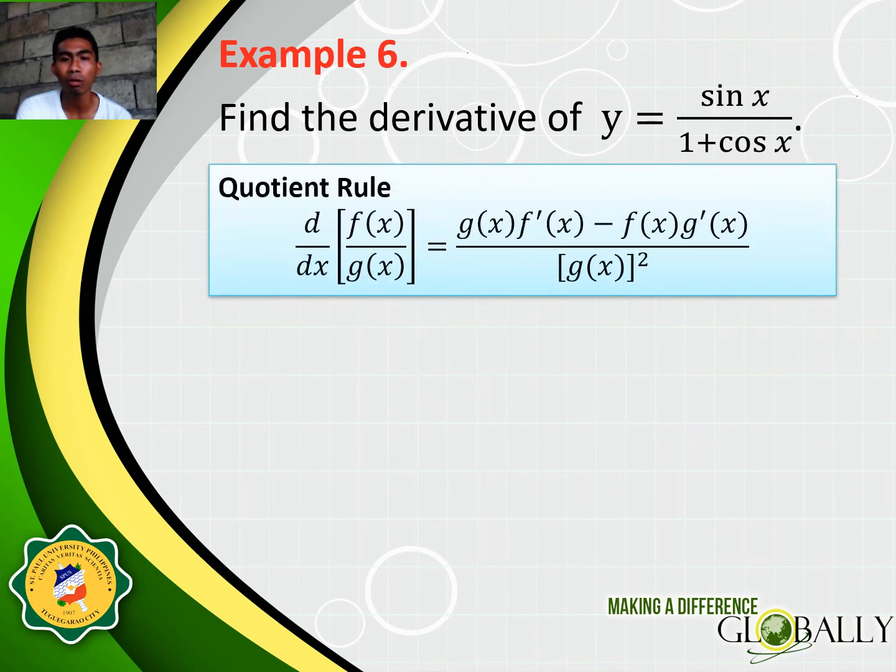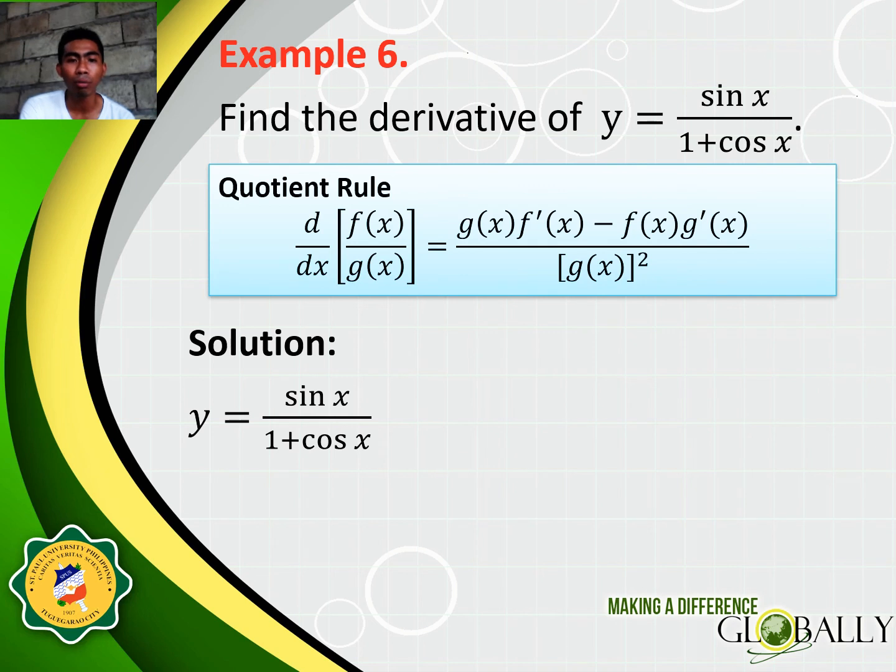In the quotient rule, if f and g are both differentiable, then the derivative of f of x over g of x with respect to x is equal to g of x times the derivative of f of x minus f of x times the derivative of g of x over g of x squared.